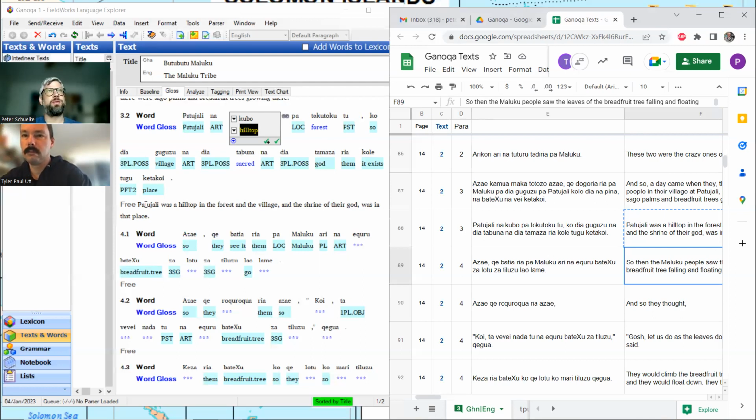If we saw it in the previous text, Ria would be attaching to tamaza, and we'd say, all right, it's a verb and it's an object agreement. It's not how it's working here. So this tuhu, the last word but one, is following a verb in this case. Ria kole tuhu ketakoi. They existed, place.